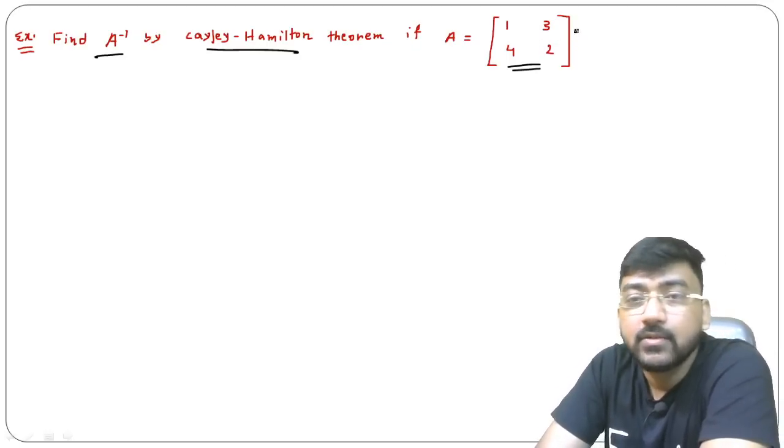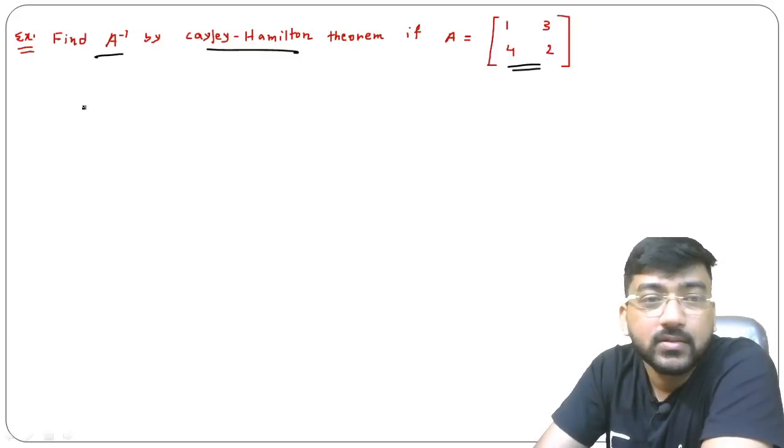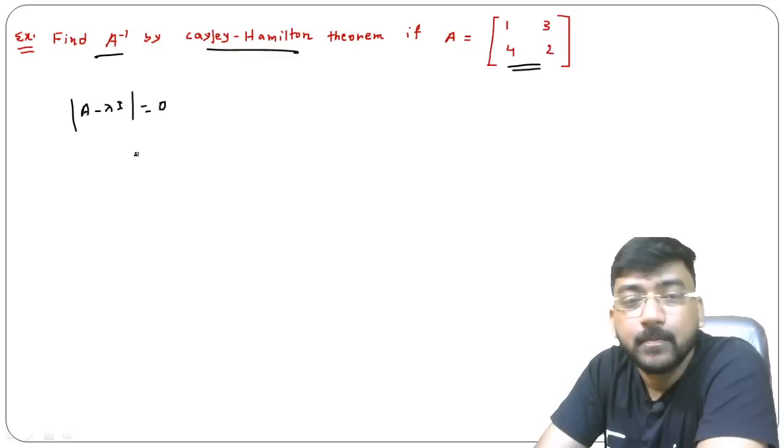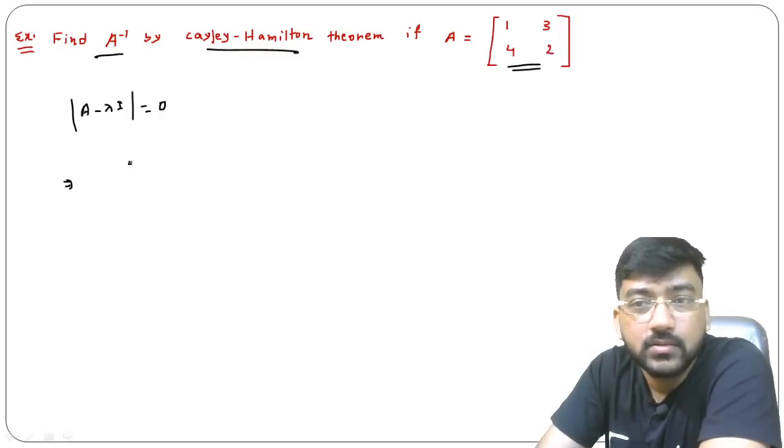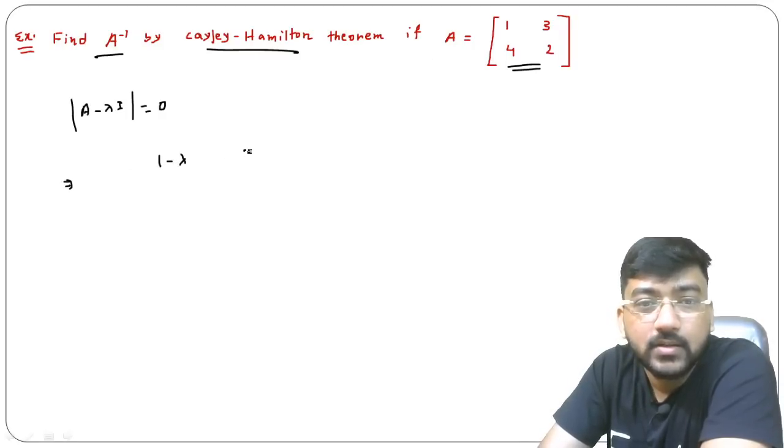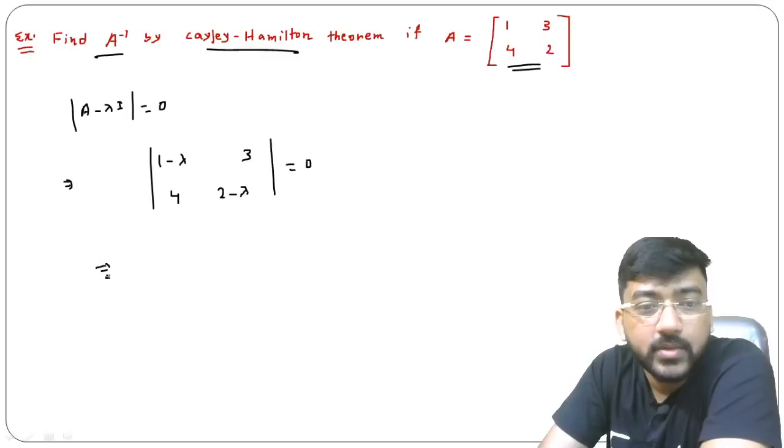So let us first find out the characteristic equation from here, that is nothing but |A - λI| = 0. That will be just |1-λ 3; 4 2-λ| = 0. So that will obviously be (1-λ)(2-λ) - 12 = 0.